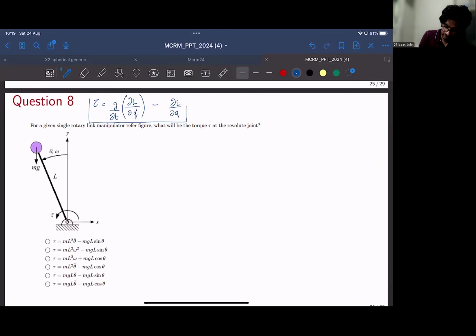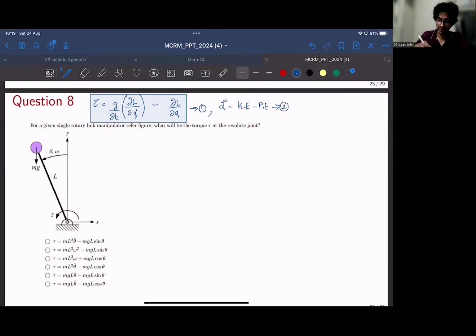You can call this the Euler-Lagrange equation of motion, which I'll label as equation 1. Here L, the Lagrangian, is nothing but the difference between kinetic energy and potential energy. I'll label this as equation 2.